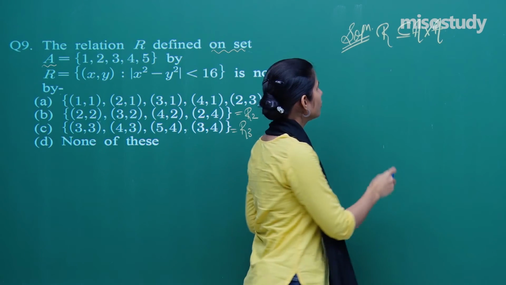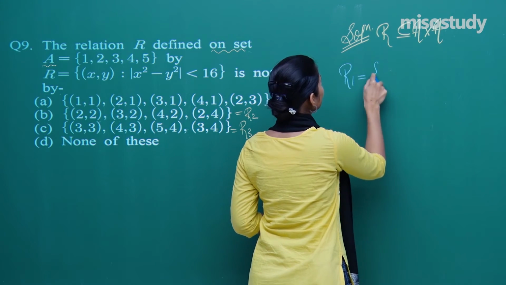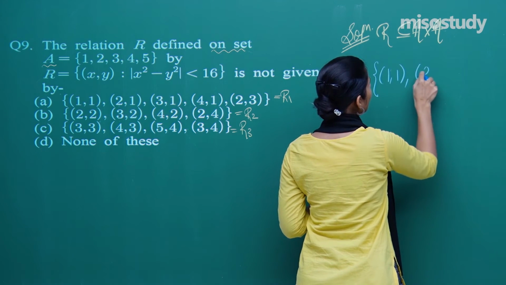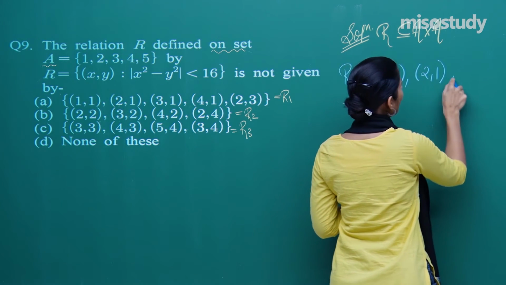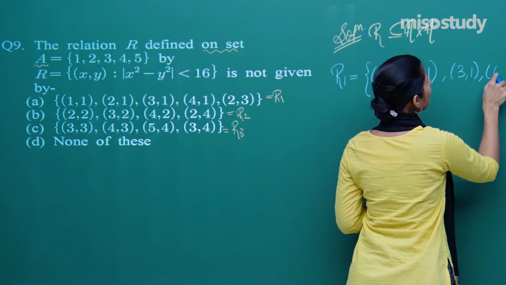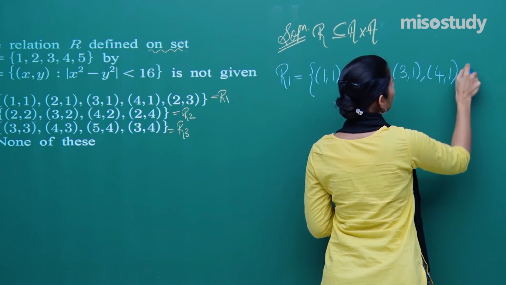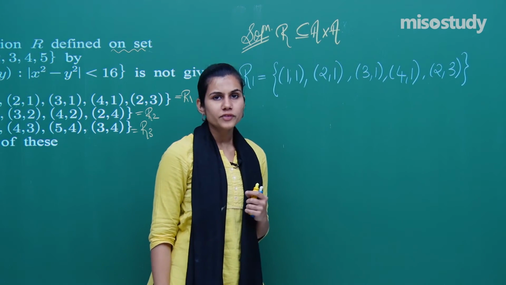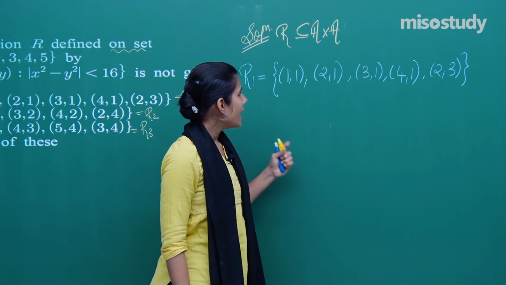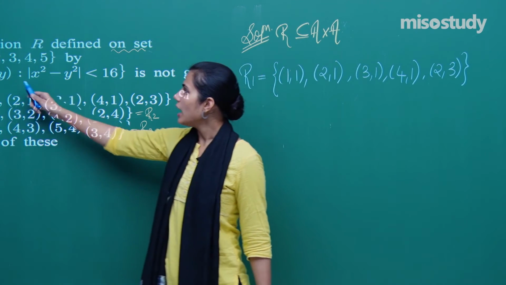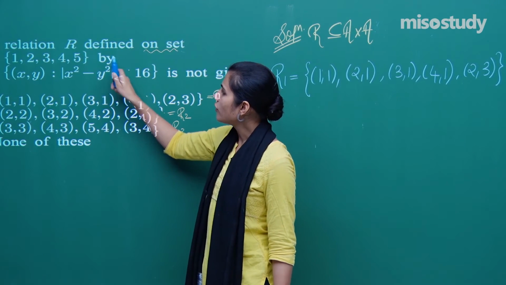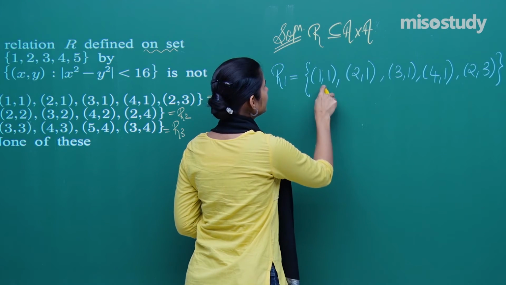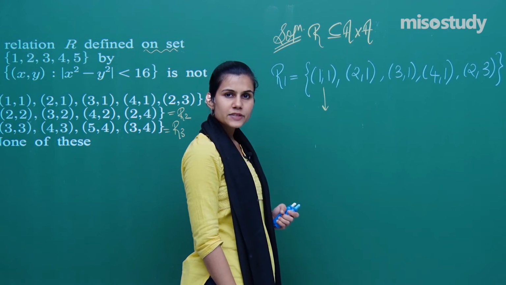So R1 given to me consists of (1,1), (2,1), (3,1), (4,1) and (2,3). Does this satisfy the rule of the relation or not? Let's see. Well, (x, y) belongs to R only when the modulus of the difference of their squares is less than 16. Consider this.